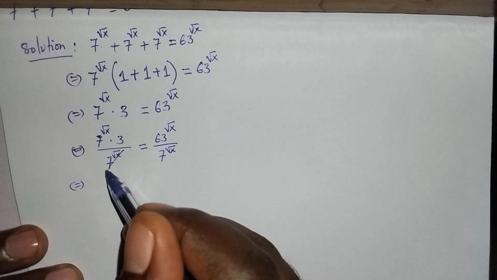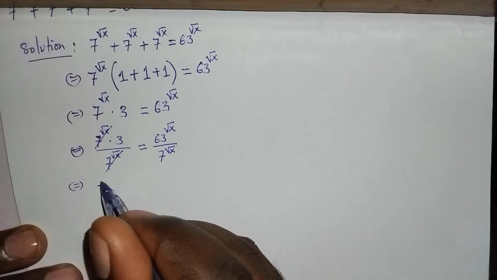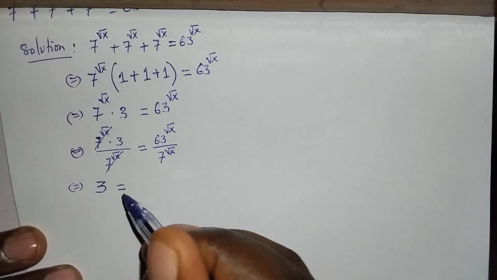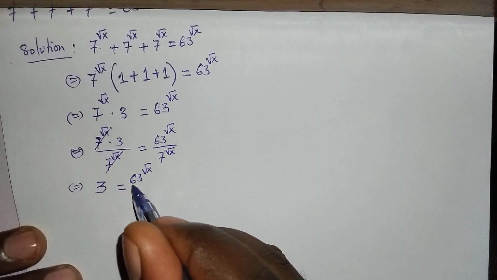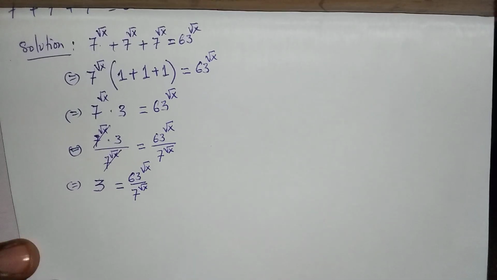Now we simplify, and 3 remains, which is equal to (63 + √x) over (7 + √x).